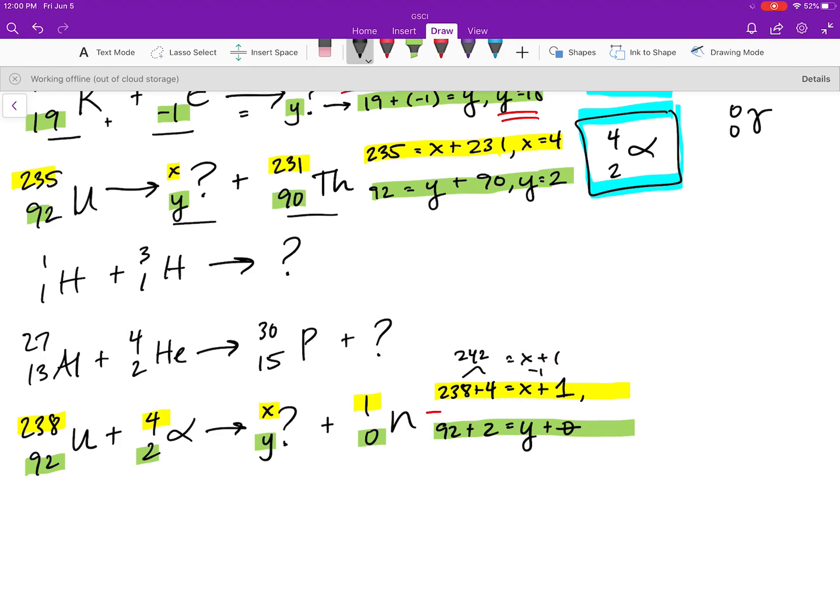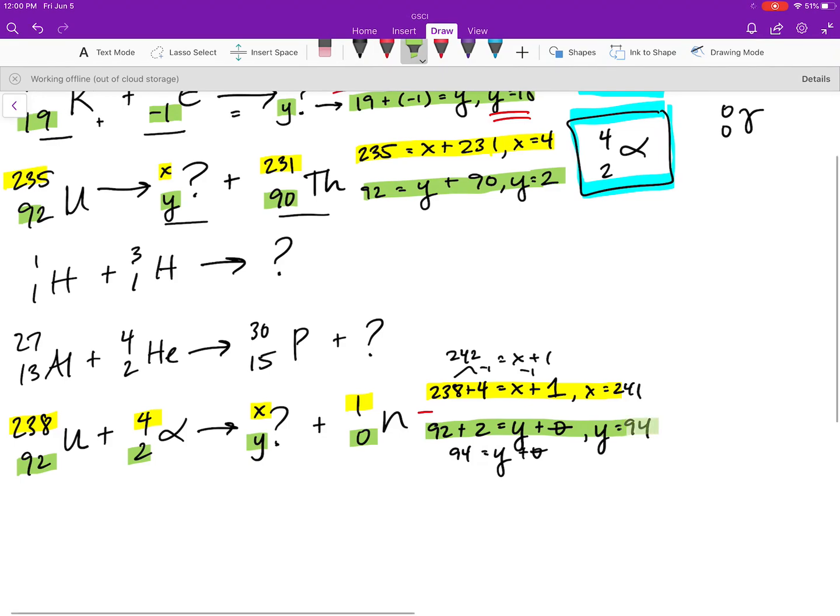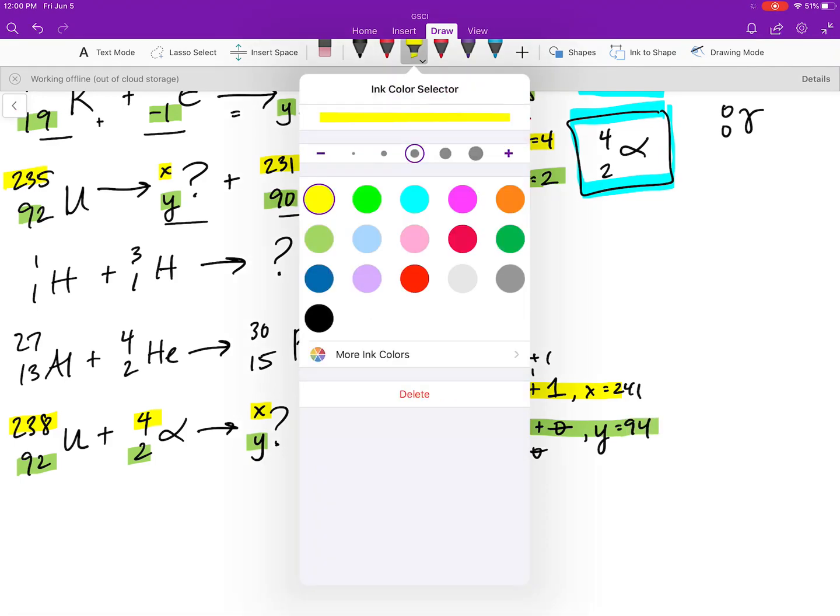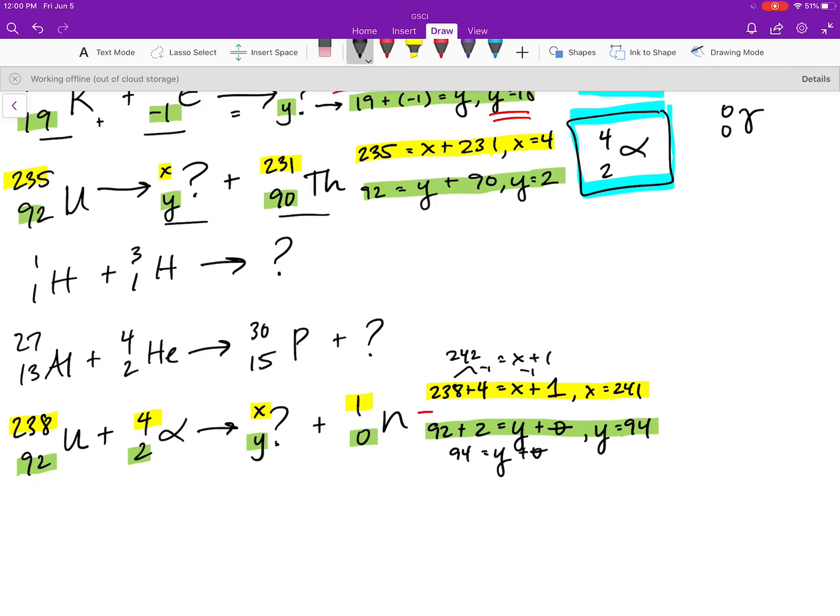So to get it to the other side, you subtract. And this is going to give me x is equal to 241. Down the bottom, it's going to be 94 is equal to y plus 0. And the y is going to become 94. And so in this case, I'm going to have 241, 94.